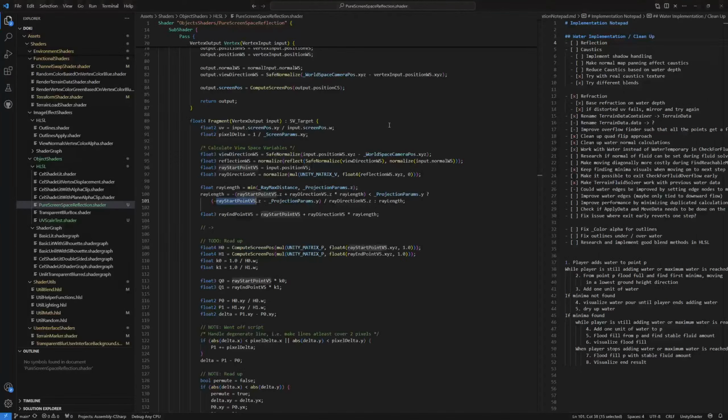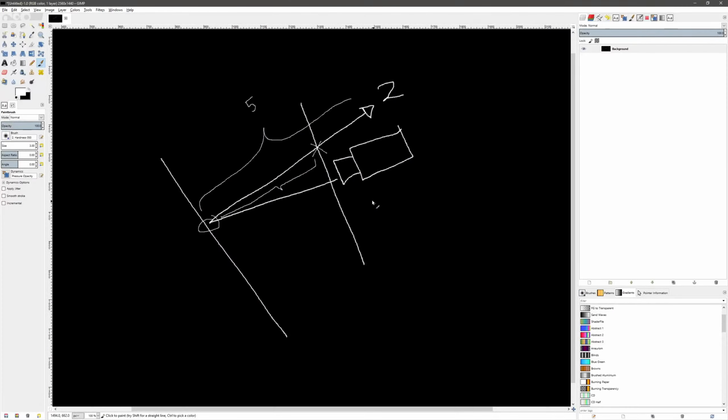We have previous ray length and ray direction. We have the ray length that takes us beyond the point we want to be at.